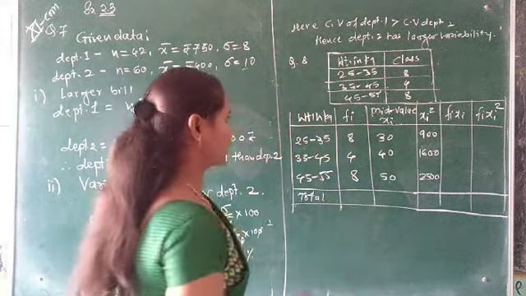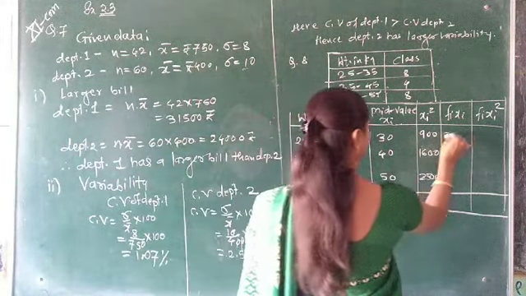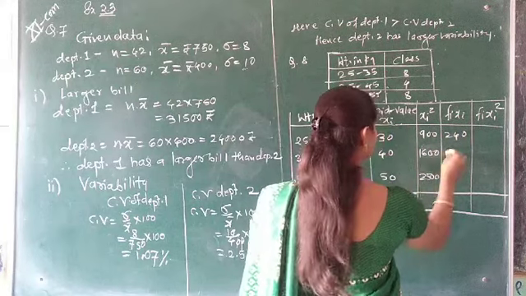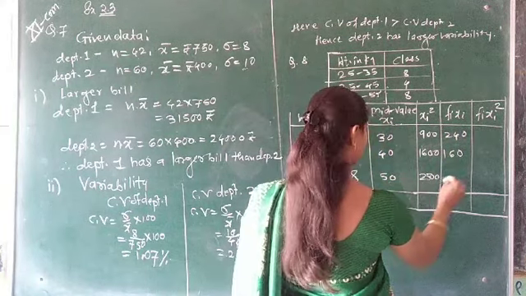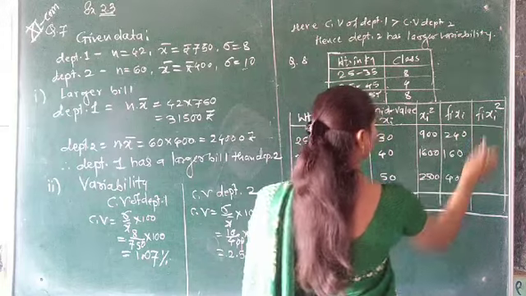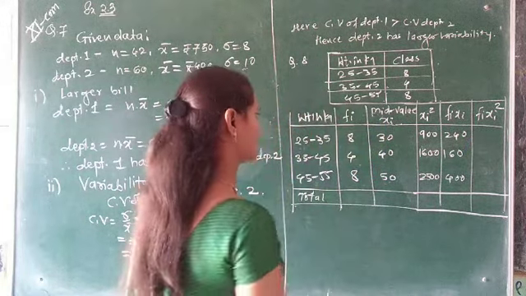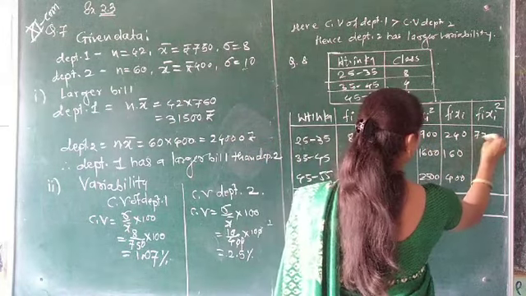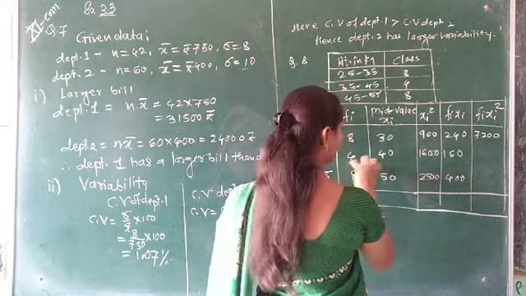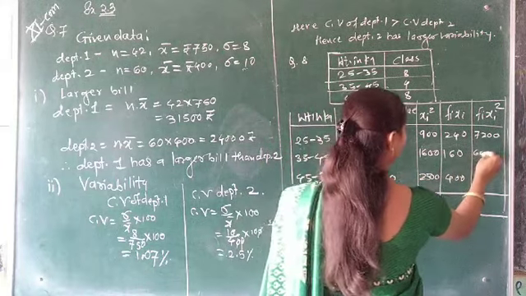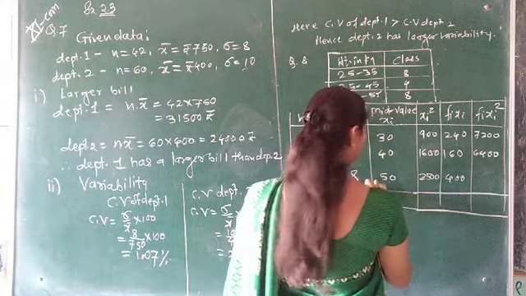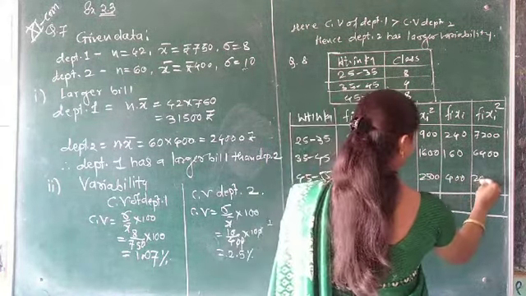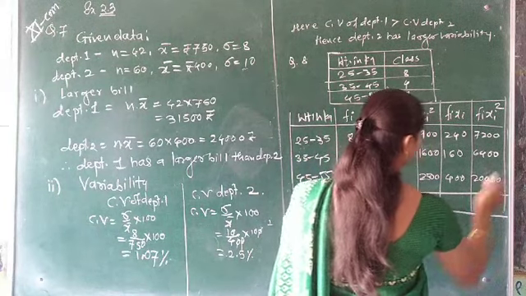Now Fi into Xi, take the product of these Fi: 8 3s are 240, that is 160, 8 5s, that is 400. Now take the product of Fi into Xi square. 8 9s are 72, 0. Now next, 16 4s are 64, and with 2 zeros as it is. 25 8s are 200, and again the 2 zeros as it is.